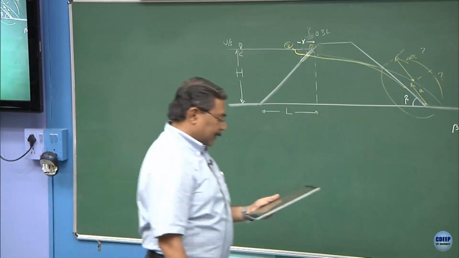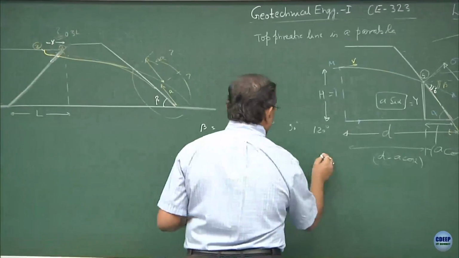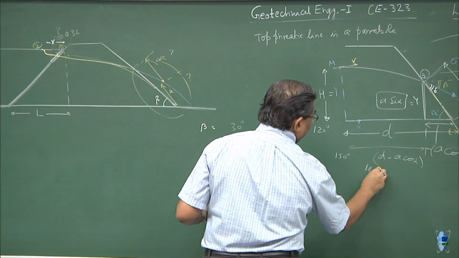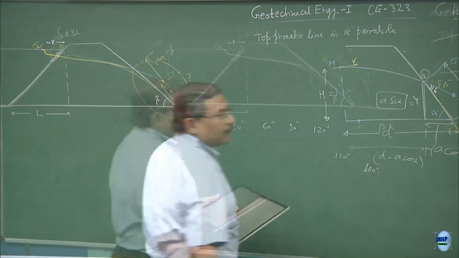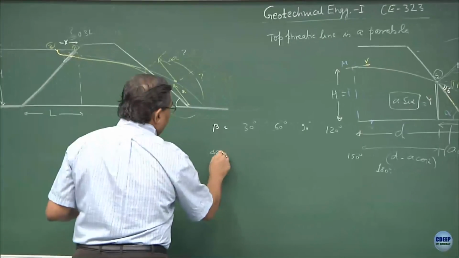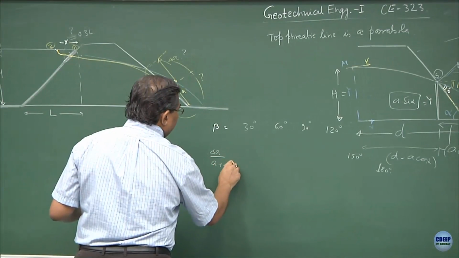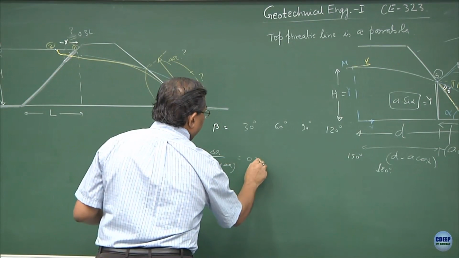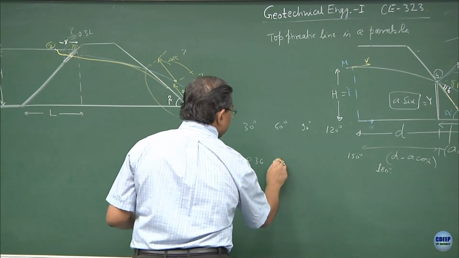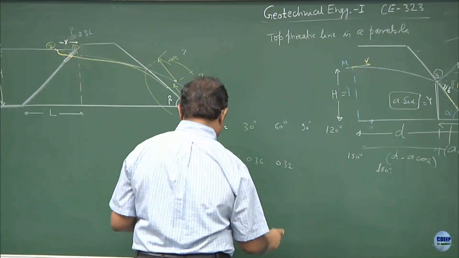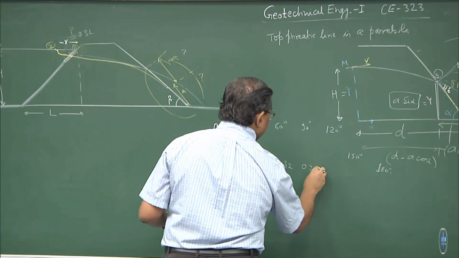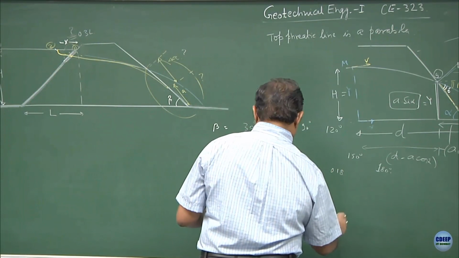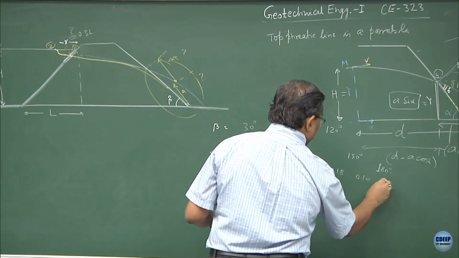We will discuss such cases. 150 degree, 180 degree. The value of delta A upon A plus delta A is 0.36, 0.32, 0.26, 0.18, 0.10 and 0.